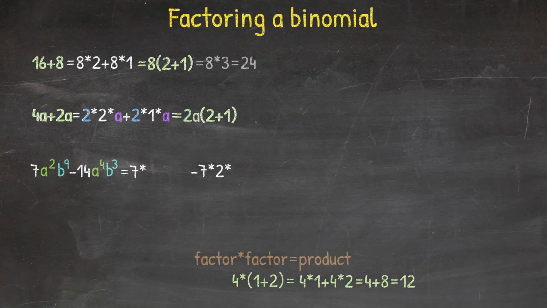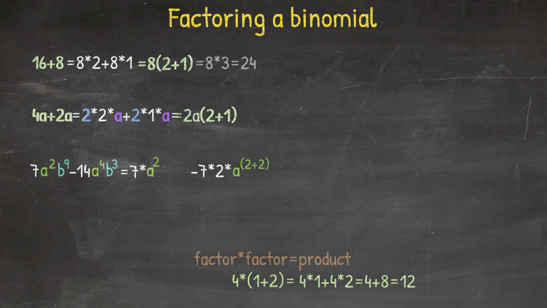And we can also represent it as a, and in the exponent, we can have 2 plus 2, which exactly conveys the same thing I just discussed. As you can see, a squared in the first term and a to the fourth in the second term share a common factor of a squared.